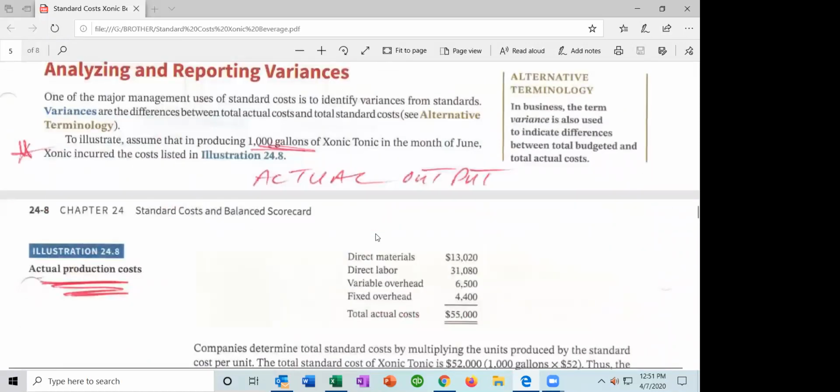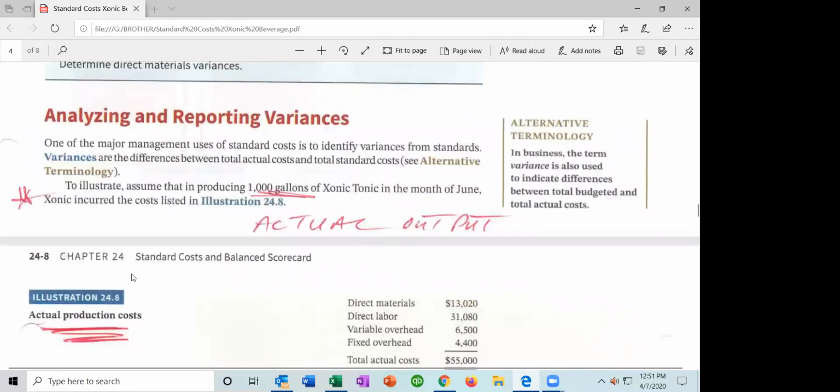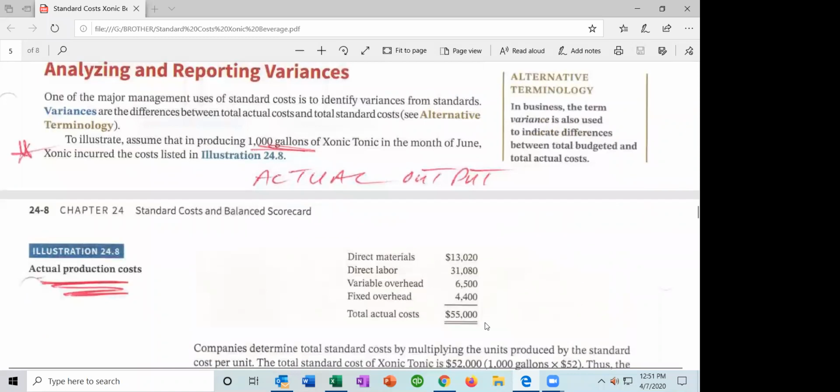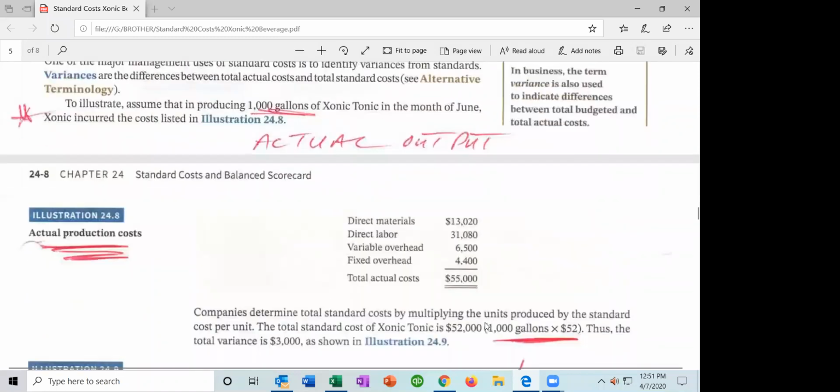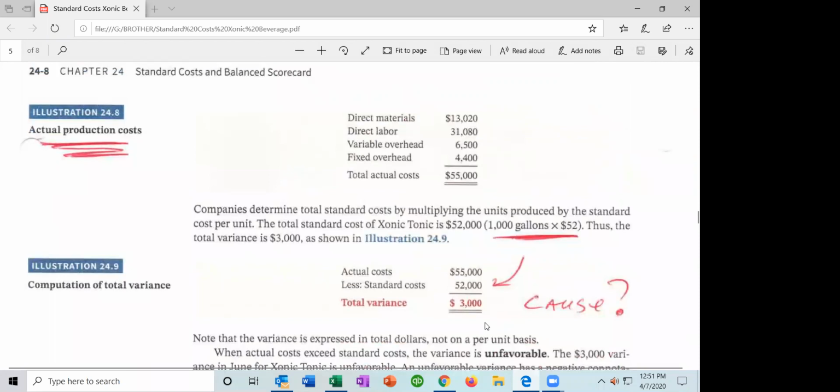So here are their actual costs. They actually paid out in the month of June $13,020 in materials, $31,000 in labor, variable and fixed overhead. They spent a total of $55,000. What should they have spent?